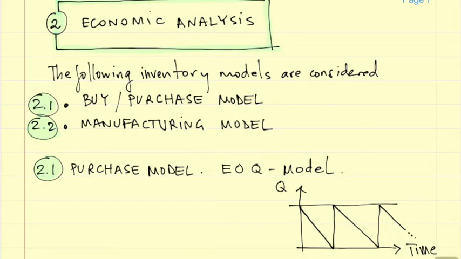Production is instantaneous, delivery is immediate, the demand is deterministic, demand is constant over time, production can run in fixed setup cost, and so on and so forth. So we have here several variables. D is the demand per year.